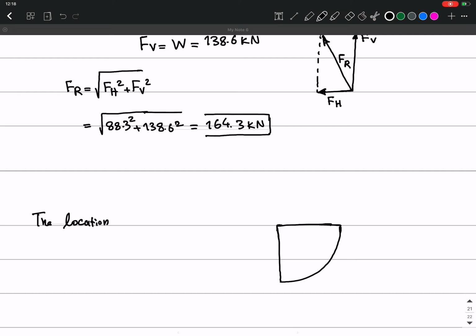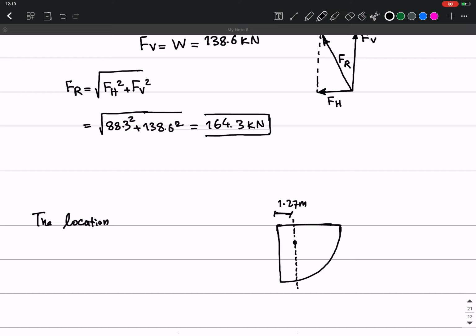Here we have the center of gravity, which is here, and this line, where this is going to be 1.27 meters. We know it from our calculations.